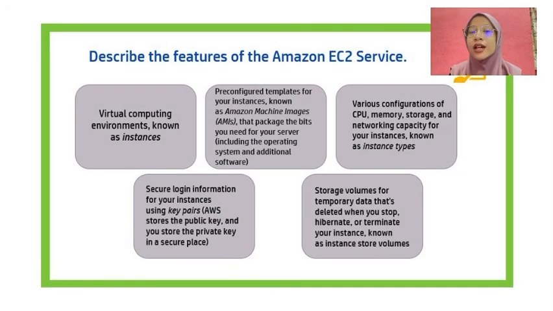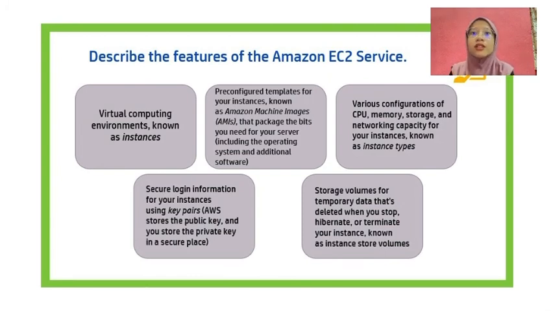Next, we have to describe the features of the Amazon EC2 service. First is virtual computing environments known as instances. Second, pre-configured templates for your instance, known as Amazon Machine Images, that package the bits you need for your server, including the operating system and additional software. Various configurations of CPU, memory, storage and networking capacity for your instance are known as instance types.